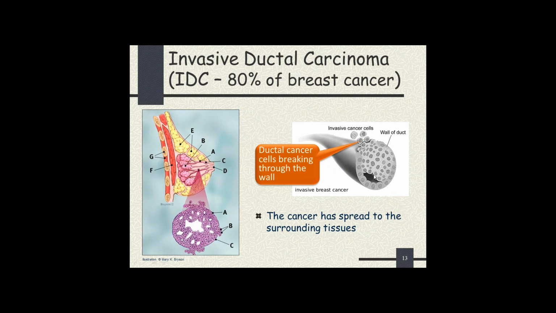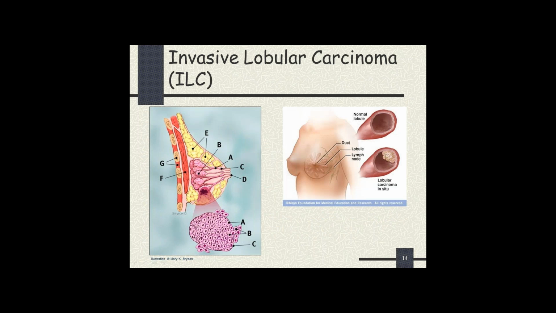What's happening here is that after the cells grow inside the duct, they develop the property to penetrate through the wall of the duct and go into the surrounding tissue or the stroma where the blood vessels and the lymph channels are. And so the cancer can spread not only to the surrounding tissues in the breast, but through those lymph channels or blood vessels to anywhere else in the body as well.